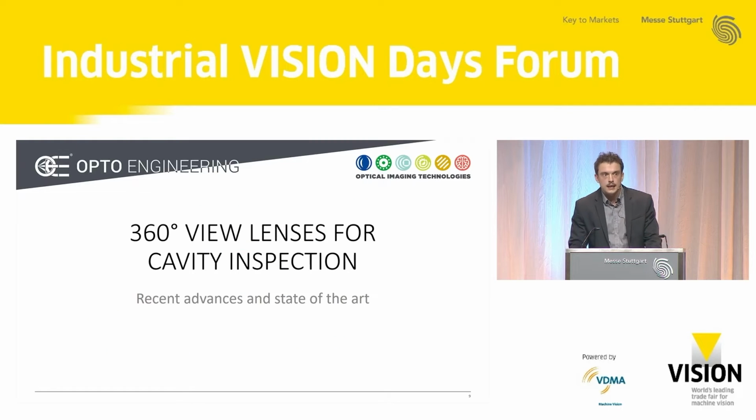But now, let's come to the nitty-gritty of the presentation, and so 360-degree view lenses for cavity inspection. As you can imagine, these lenses belong to the second group that I just mentioned, so inner inspection lenses.